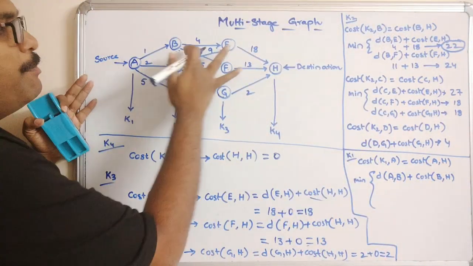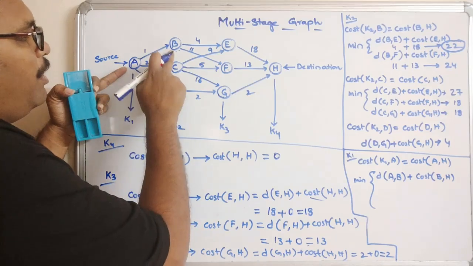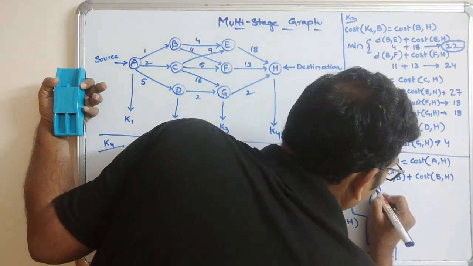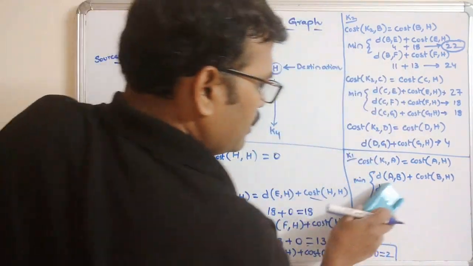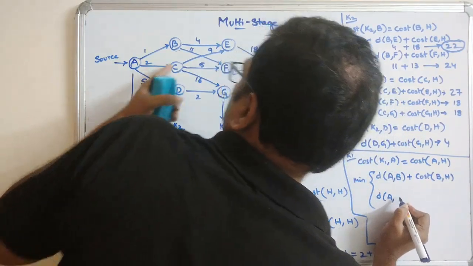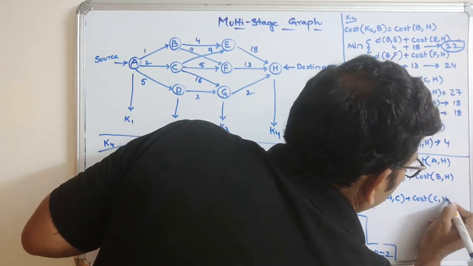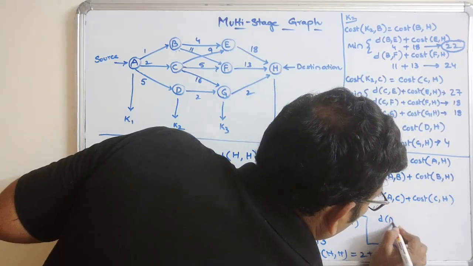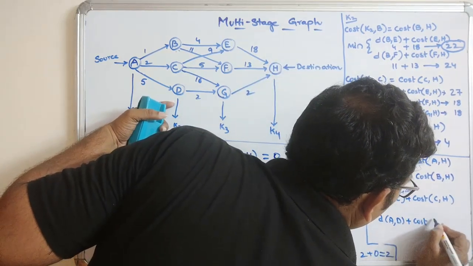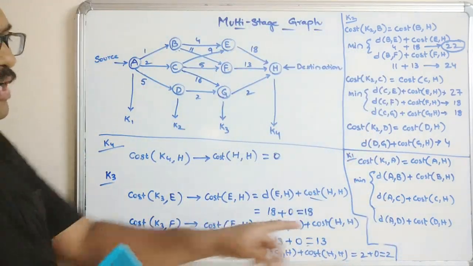So we need not find again B to E and E to H. Already we have calculated everything. So A to B and cost of B to H. And see again D of A to C plus cost of C to H. Again D of A to D plus cost of D to H. So among these things we have to find out the minimum.